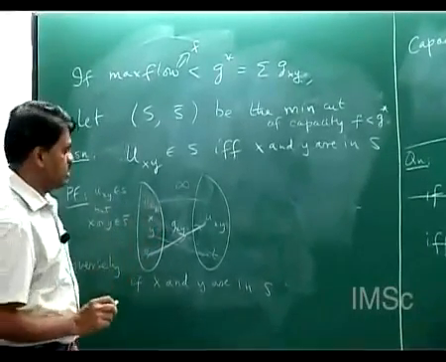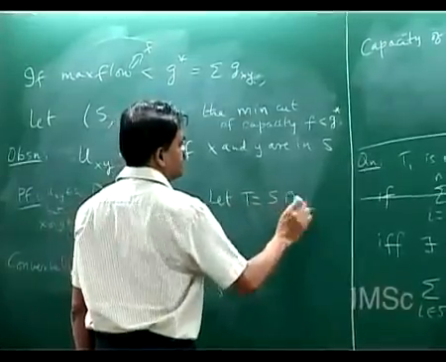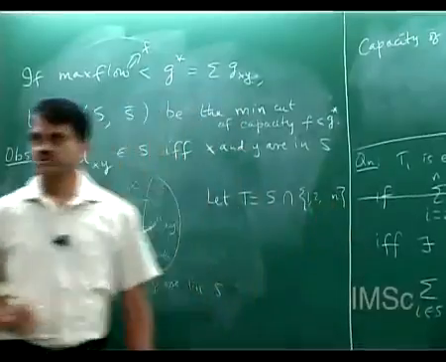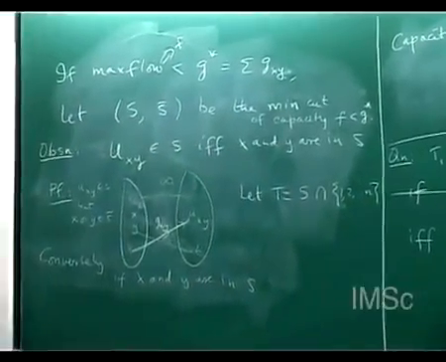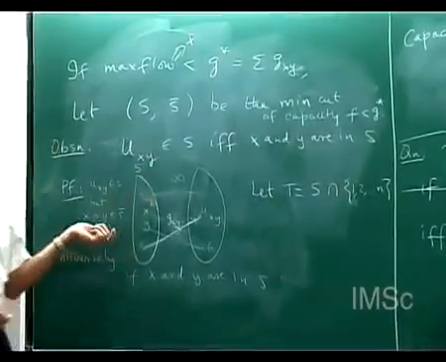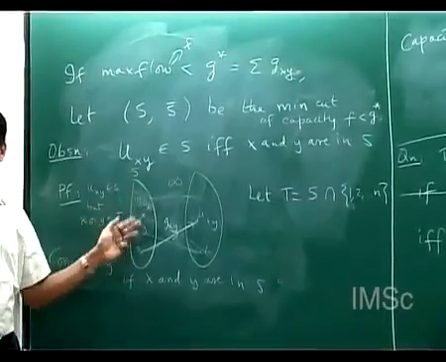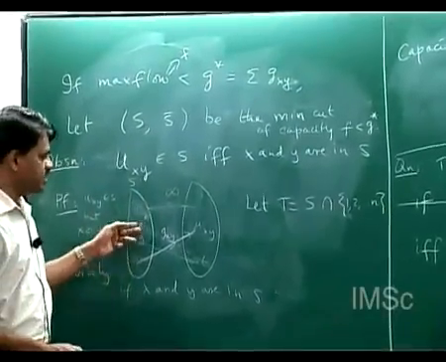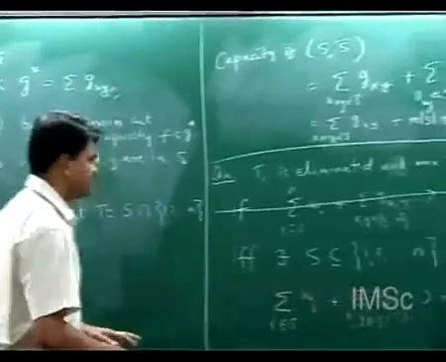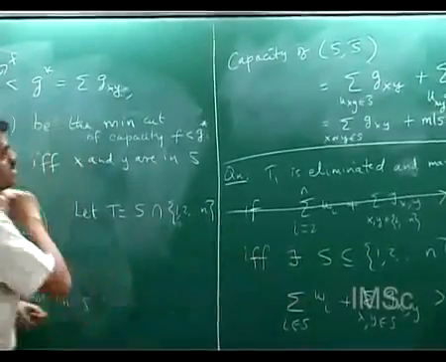So, I am going to let T equal S intersection the teams. In this S, I have vertices that correspond to pairs of teams, and then there are vertices corresponding to teams. I will pick only those corresponding to the teams, that is going to be my final T here. I have to exhibit a subset of teams, and that is going to be this T.